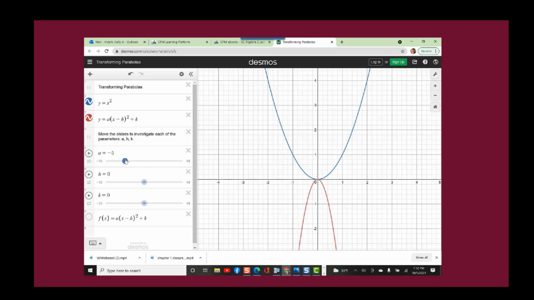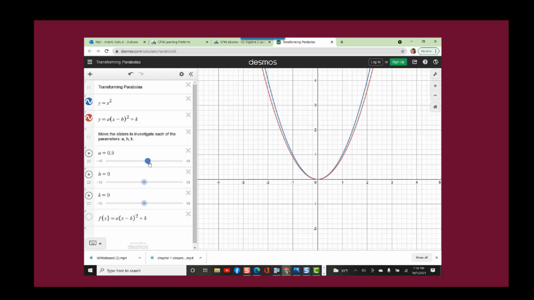When we're talking about a, if the absolute value of a is greater than 1, then it will be a vertical stretch. And if the absolute value of a is in between 1 and 0, there we go, it's back to the vertical compression. We quickly go up. It flips. It's a vertical compression. Then it will hit the actual function, and then it's a vertical stretch. So that's what happens with a. So let's put that back at 1.